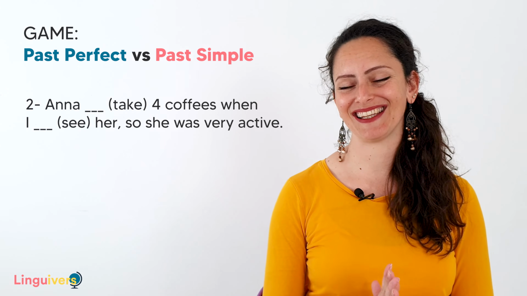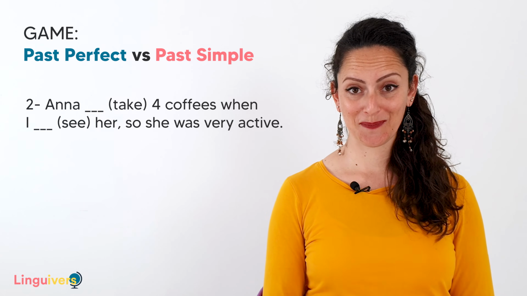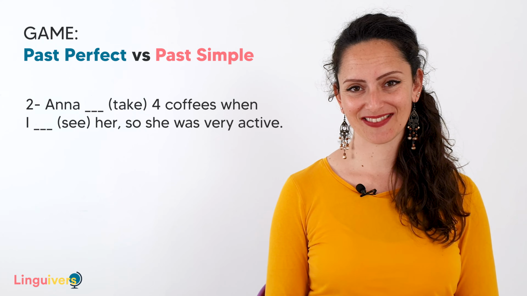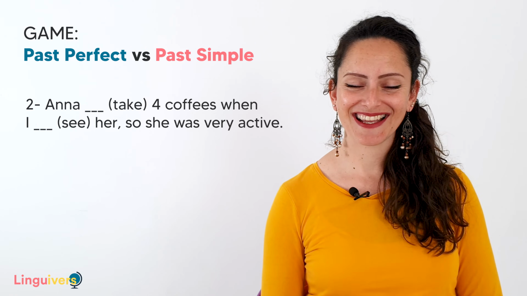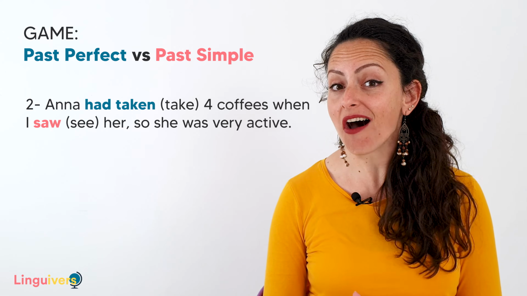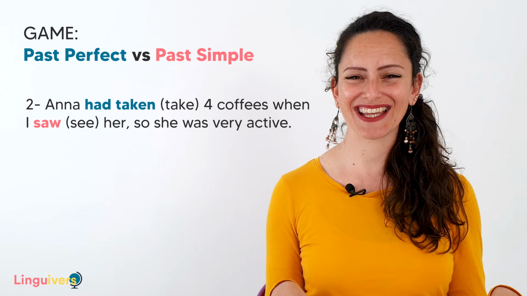Think about it. See which action happened first. And Anna had taken 4 coffees when I saw her. So she was very active.